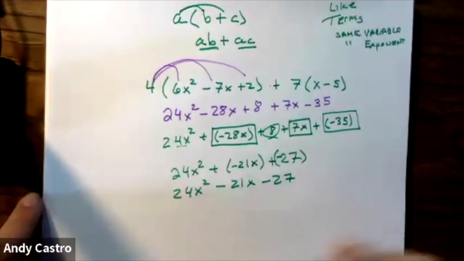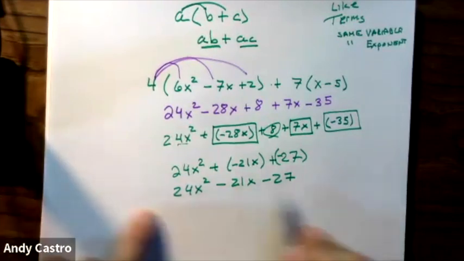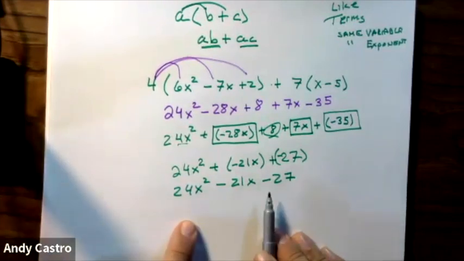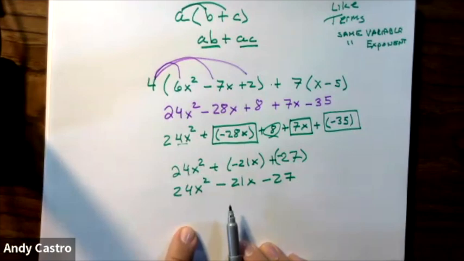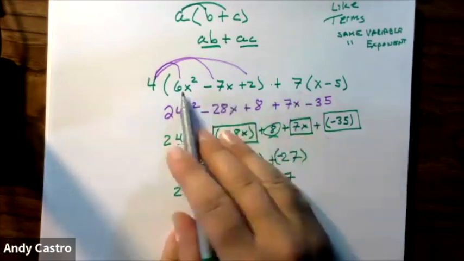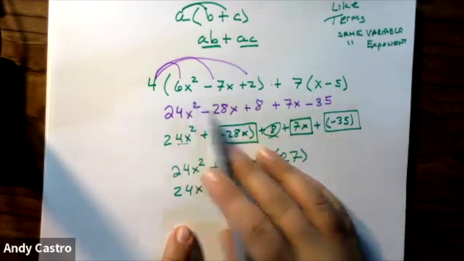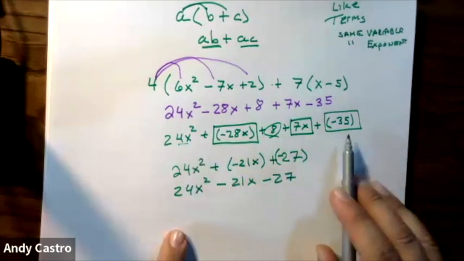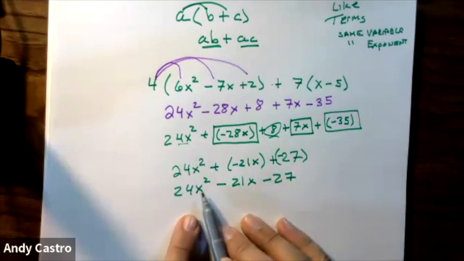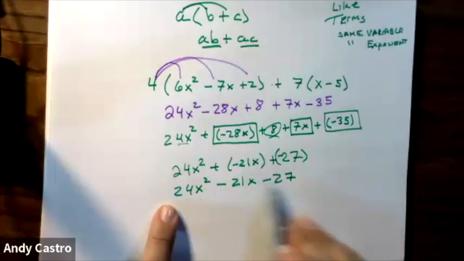Now, is there anything else? Now that I've taken my original expression, multiplied it all out, and combined all my like terms, can I now factor it? Can I pull anything out?